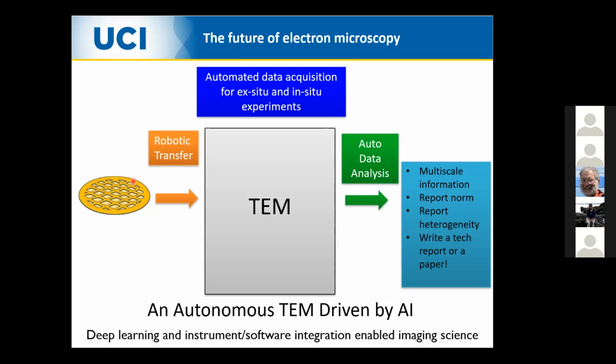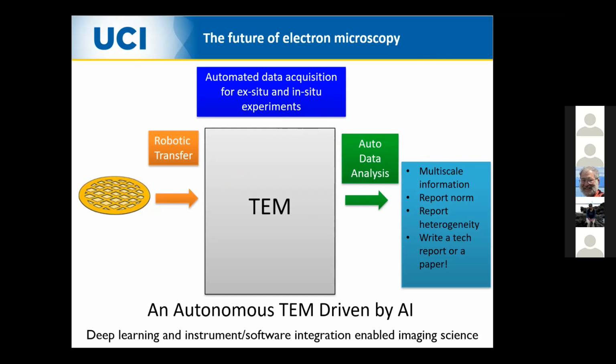You only need to program them, and then the sample gets translated into the TEM by a robot as well. And we have automated data acquisition for both ex situ and in situ experiments, right? An ex situ experiment is where you look at the sample in a static state. An in situ experiment is where you supply stimuli and watch how your material changes. So hopefully it can do both of that.